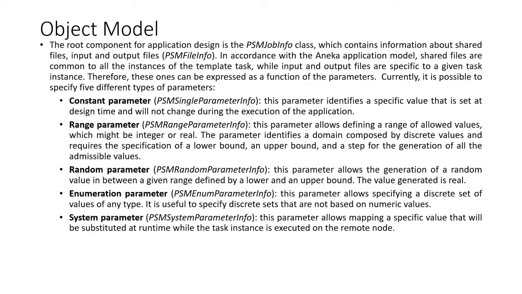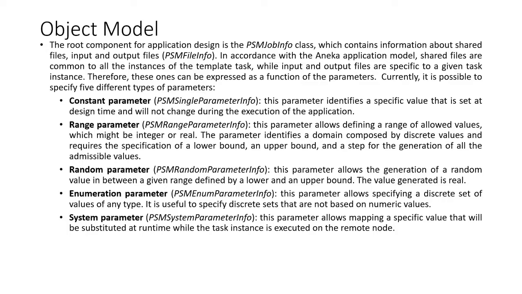A range parameter allows defining a range of allowed values which might be integral or real. The parameter identifies a domain composed by discrete values and requires the specification of a lower bound and upper bound and step for generation of all the admissible values.